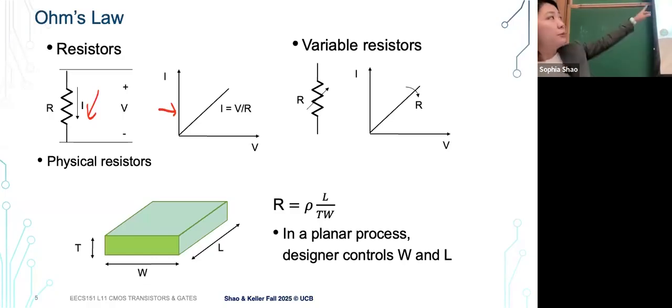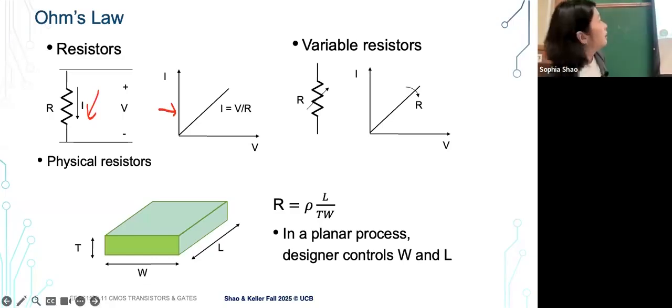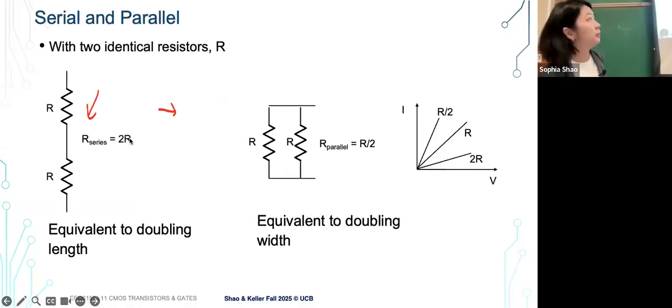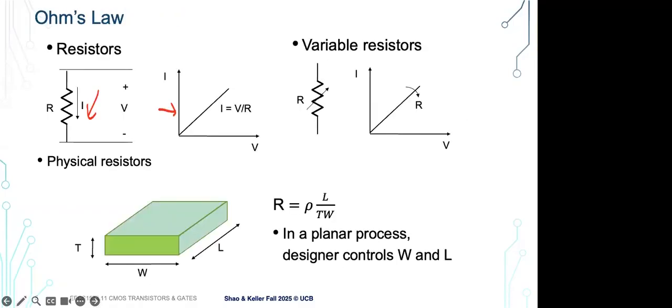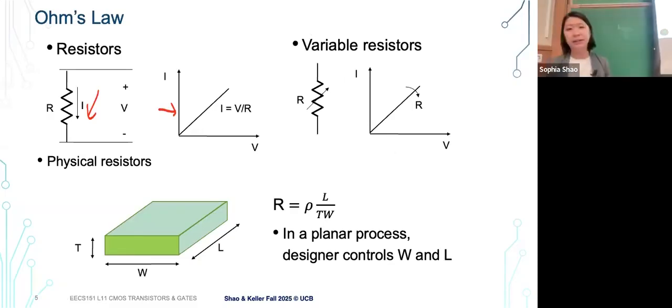When you have a variable resistor here, the resistance changes based on the voltage being applied. That's basically a variable resistor. But when we think about physical resistors, it's a type of material that can be manufactured with different components following particular dimensions.